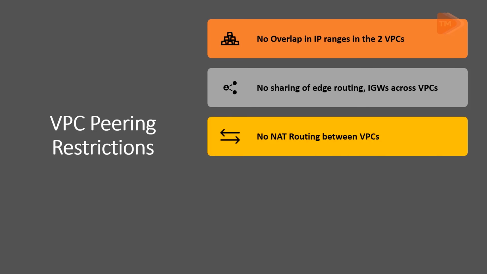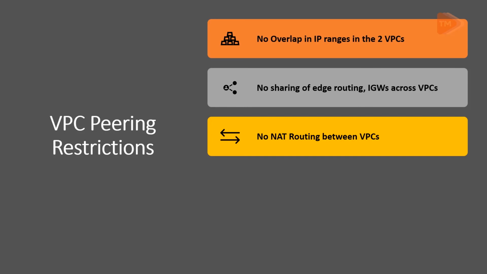Similar to that, there cannot be any NAT routing between the VPCs either. You cannot tell one of the EC2 instances to connect to the NAT instance or the NAT gateway.